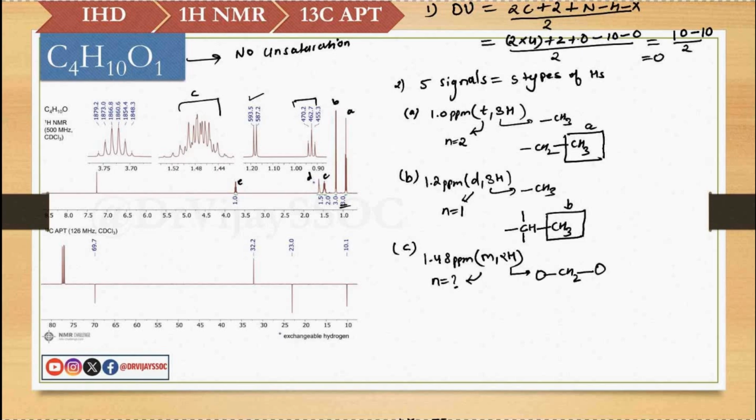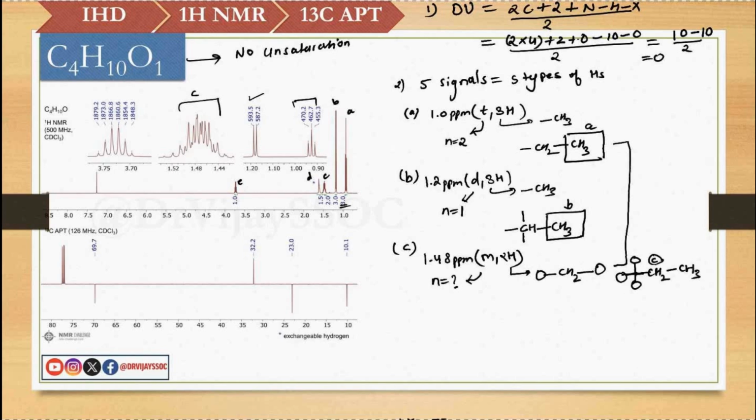If we combine this information with the previous information, then we can say that maybe this CH2, one side is CH3 and the other side is hard to say. We don't know what is on the other side of this CH2, but it could be something like this. So this could be the C type of proton.